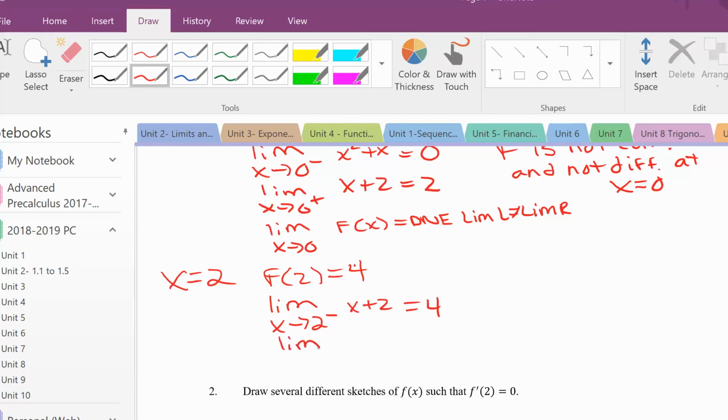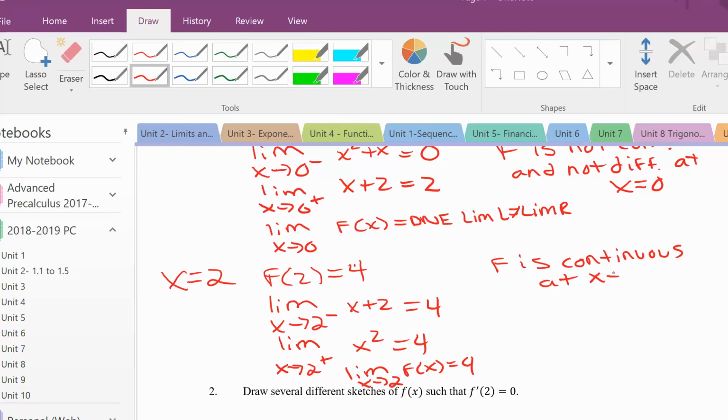And the limit as x approaches 2 from the right, which is x squared, is 4. So that means the limit as x approaches 2 of the function is 4. So therefore, f is continuous at x equals 2. Now we have to figure out if it's differentiable.